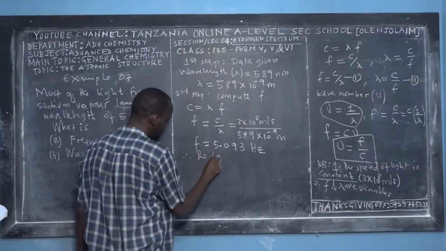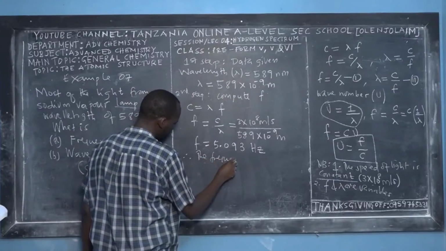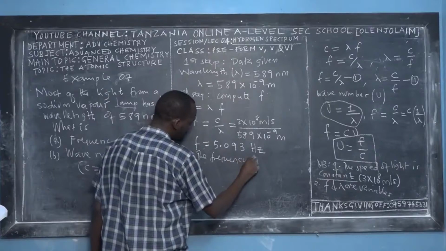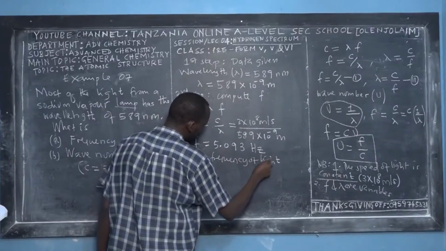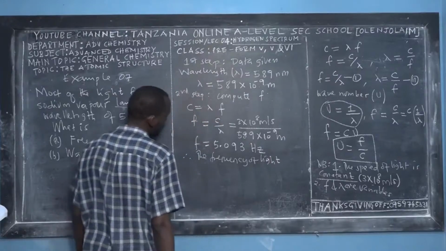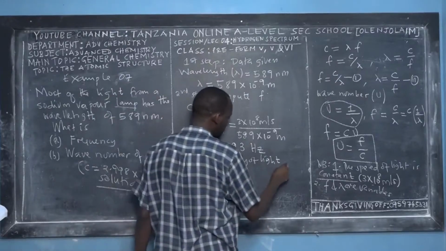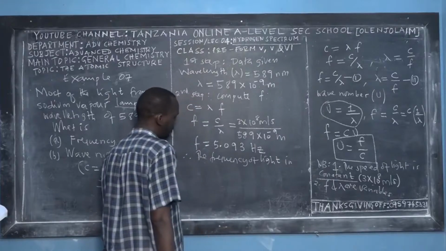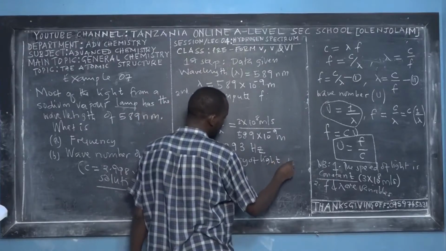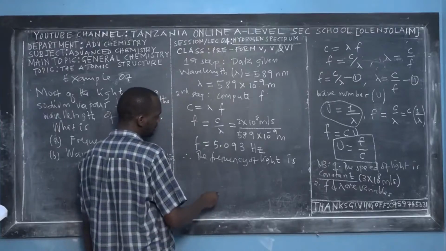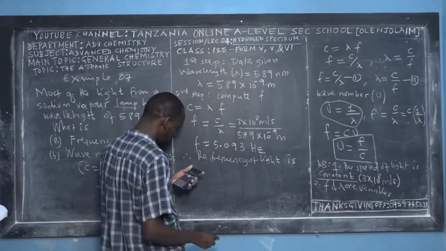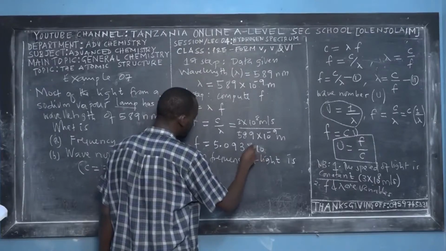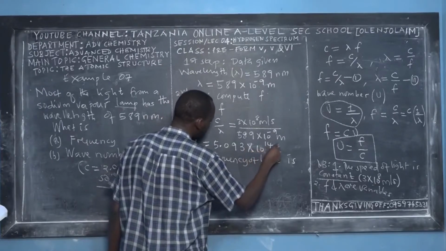Therefore, the frequency of the light is 5.093 times 10 to the 14, excuse me, exponent 14, not exponent 4, hertz.